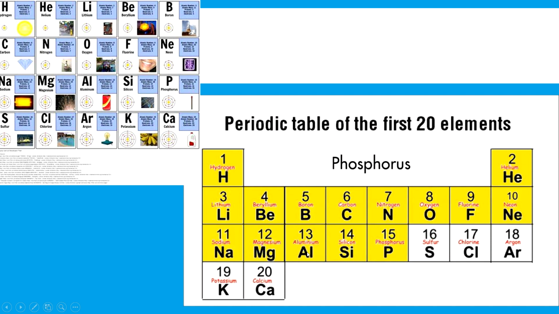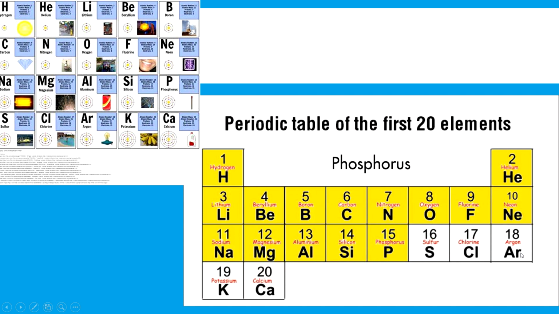Boron, aluminum, that's group 3. Carbon, silicon, that's group 4, meaning they have 4 valence electrons. Nitrogen, phosphorus, that's group 5 because they have 5 valence electrons. Oxygen, sulfur, group 6 because they have 6 valence electrons. And then helium, neon, argon have 8 valence electrons, so we call them group 8.